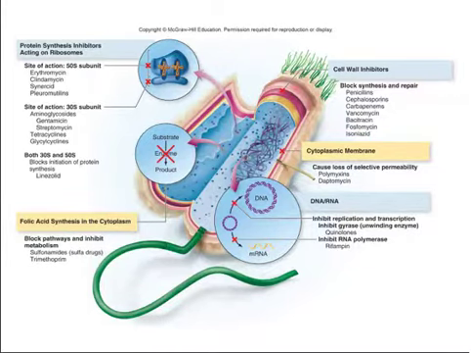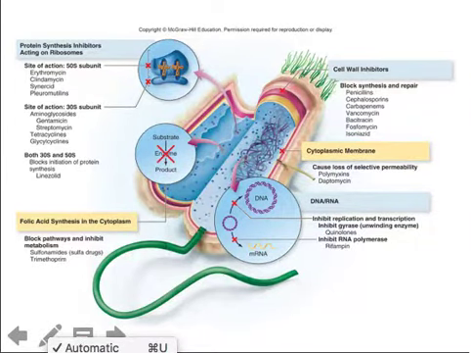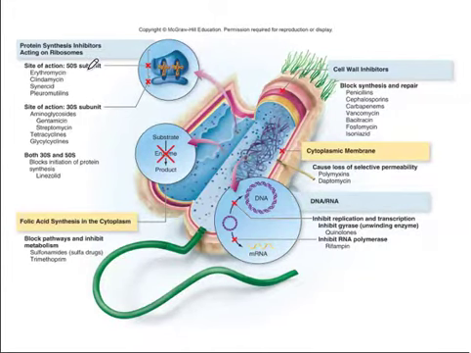Okay, so let's just take a mini tour through here. All right, so here we have at the top left, we'll do this in red, action against ribosomes, right? These guys attack the 50S subunit. These guys attack the 30S subunit of the ribosome. The ribosome is the protein building machinery inside both bacterial cells and eukaryotic cells.